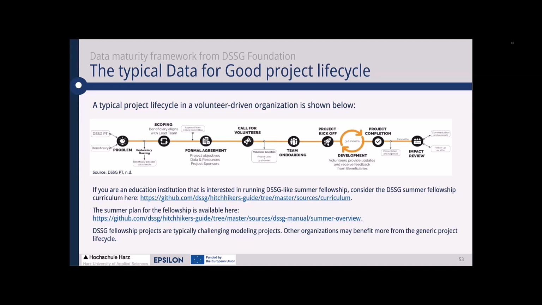Normally, it is a workshop where the beneficiary and the team meet. And then the volunteers start to work, typically on average 3 to 6 months for the project. And here we do have an agile development.